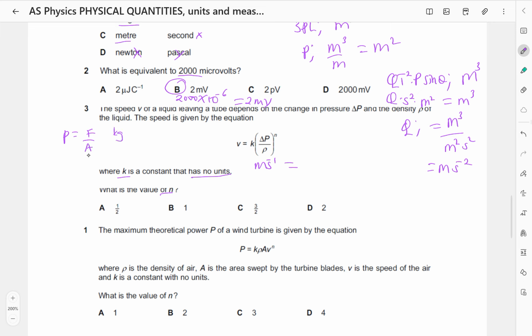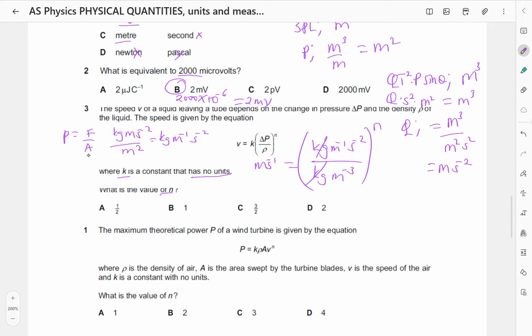Force is kilogram meters per second squared divided by area, which is meters squared. So change in pressure will have units kilogram per meter, s power negative 2, divided by density, which is kilogram per meters cubed. But this one is raised to power n.